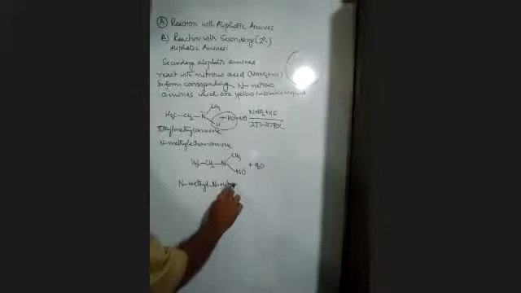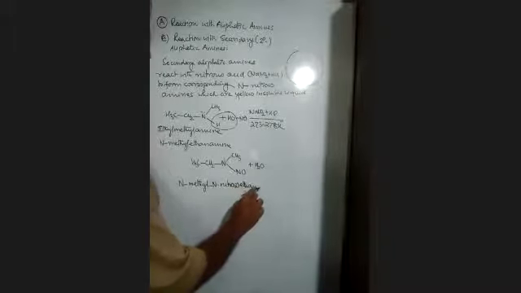Okay, so what will be the name? See, this is a substituent on nitrogen, this is also a substituent on nitrogen. This is methyl, this is nitroso. So the name will be what? Alphabetically we will write now: N-methyl-N-nitrosoethanamine. This is IUPAC. And if you write the common name, up to this much is common: N-methyl and N-nitroso, you write ethylamine. Finish. Okay, this is a yellow.